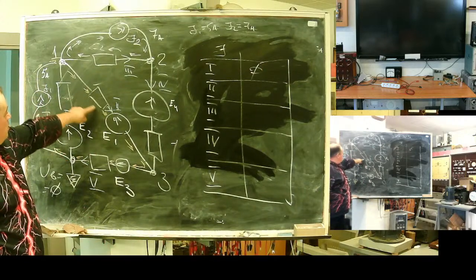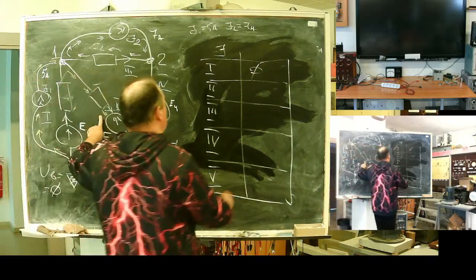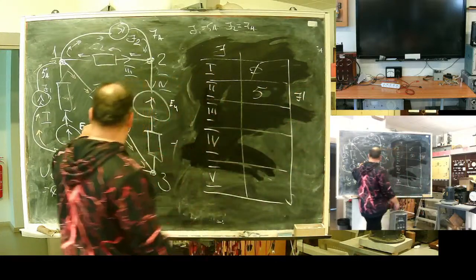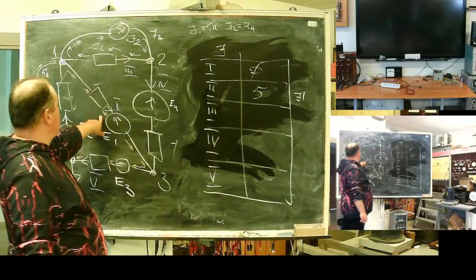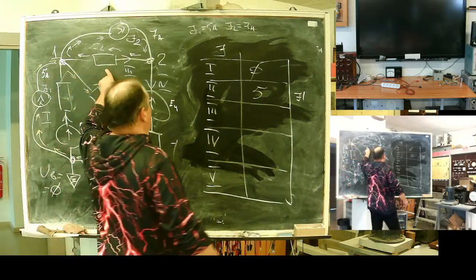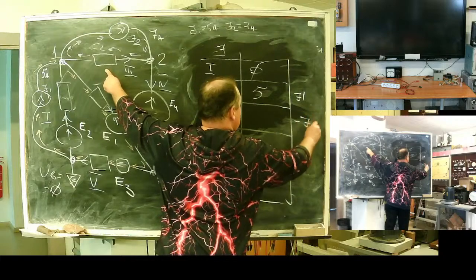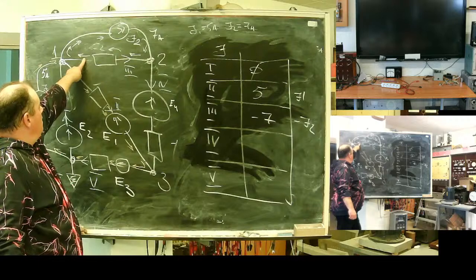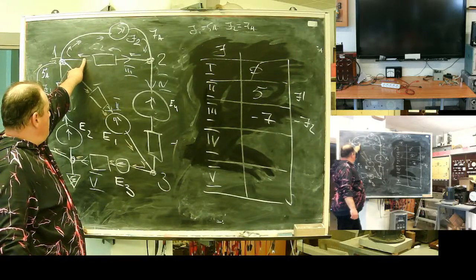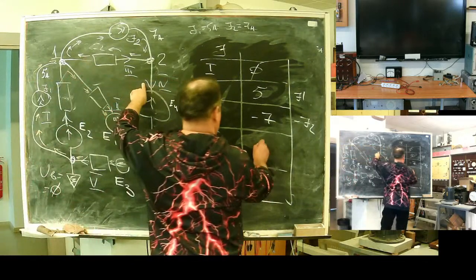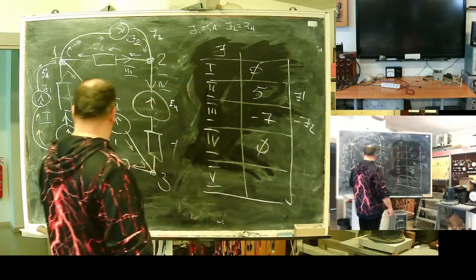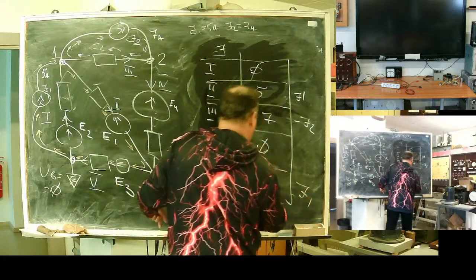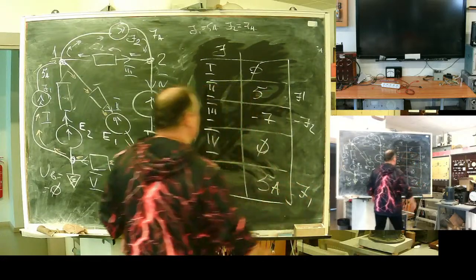Branch 2, 5 amps with a plus sign. Branch 3, minus 7 amps. Branch 4, no additional current, and branch 5, 5 amps.